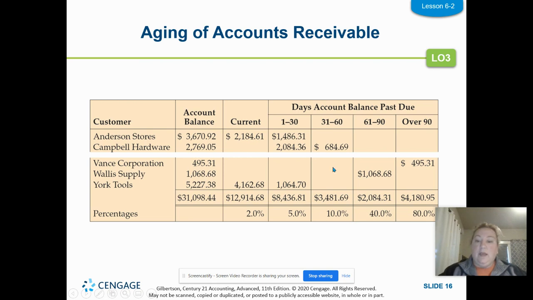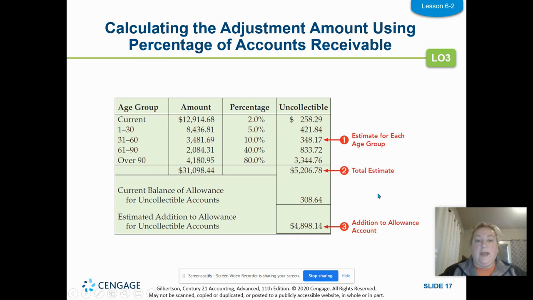So it's based on our days and then our percentages. We take those percentages and multiply by the current amounts, and then all of those amounts get added together. So this is our total estimate based on the amounts that they owe and the time.